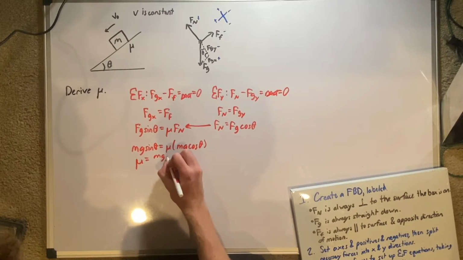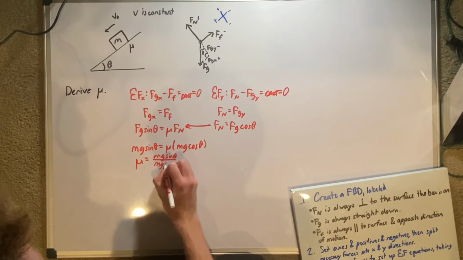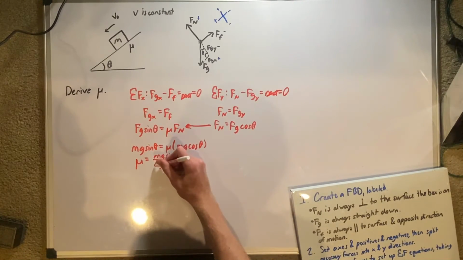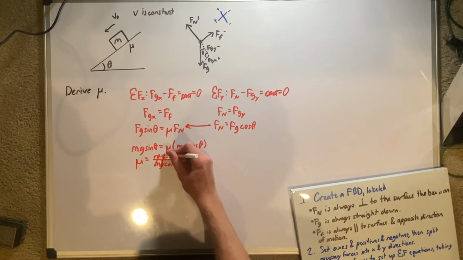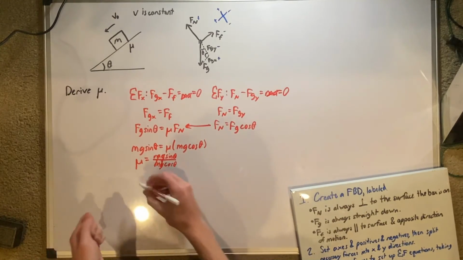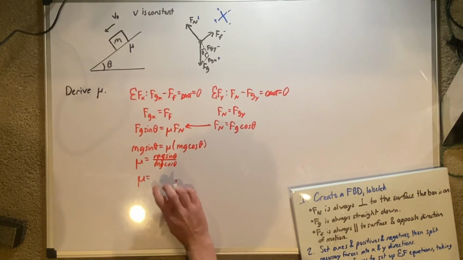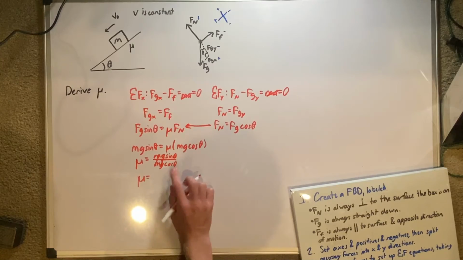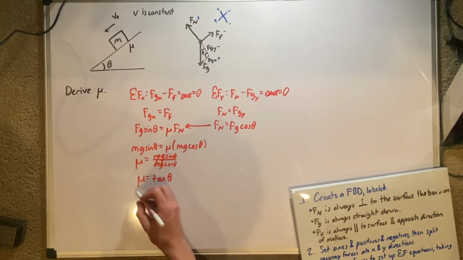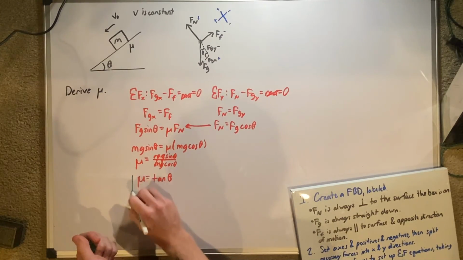We have mg sine theta over mg cosine theta. Now, one thing we know is that the like m's go away, the like g's go away. Now we're left with a sine over a cosine. If you remember from algebra 2 trigonometry, sine of theta divided by cosine of theta is equal to tangent of theta. And then this would be our finished derivation for mu.